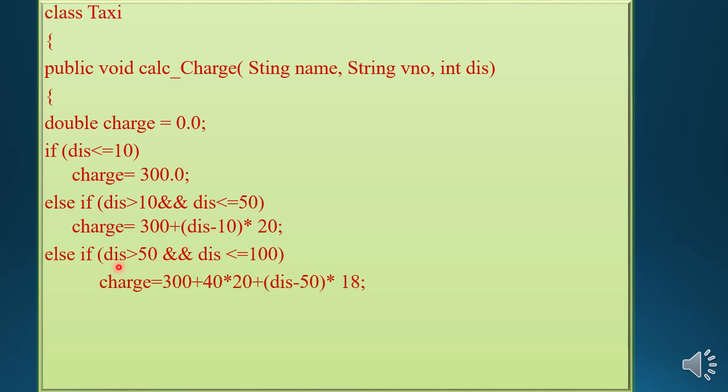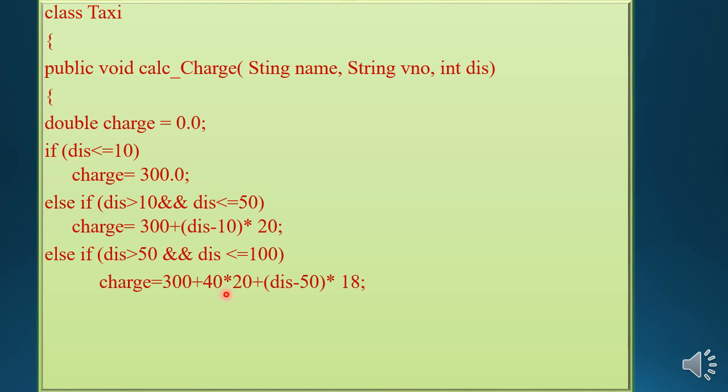Else if distance greater than 50 and dis less than or equal to 100, if the distance traveled lies in the range from 51 to 100, the charge equals 300 plus 40 star 20. This is the charge for the distance that lies between 11 to 50, that is 40 km.